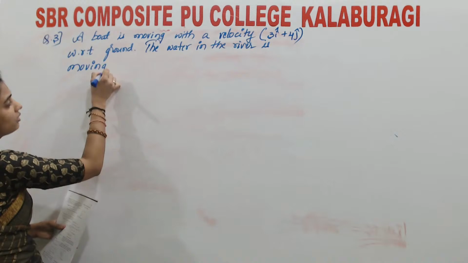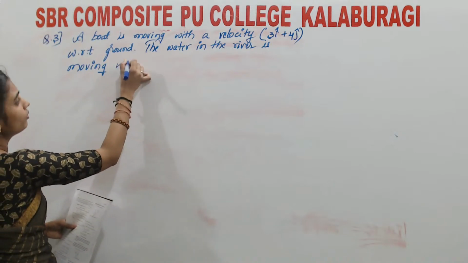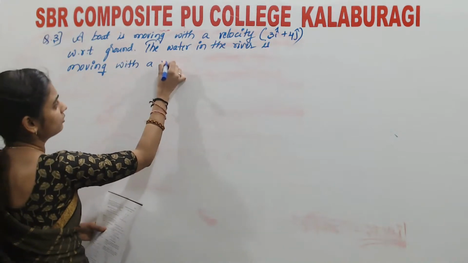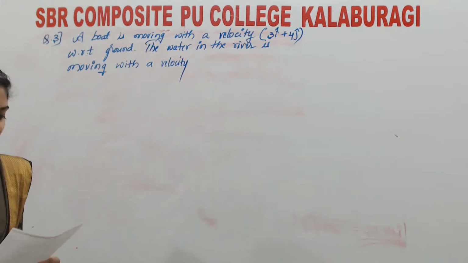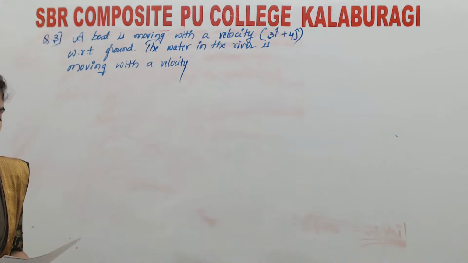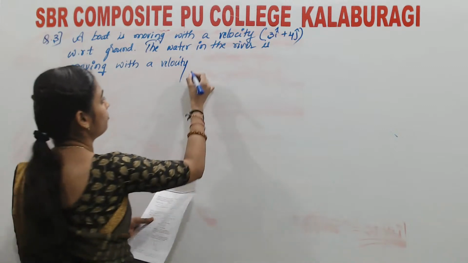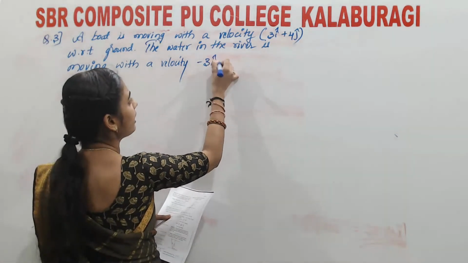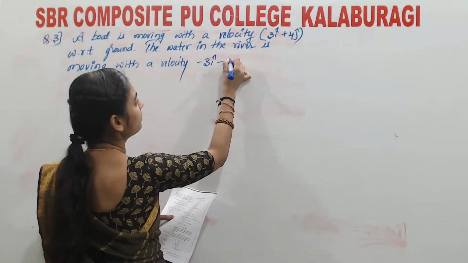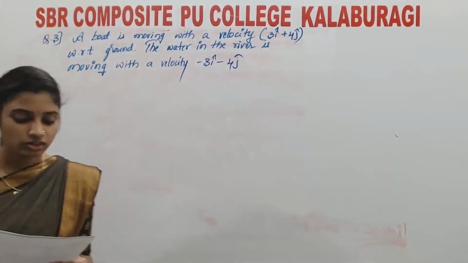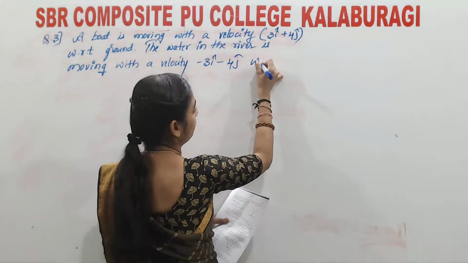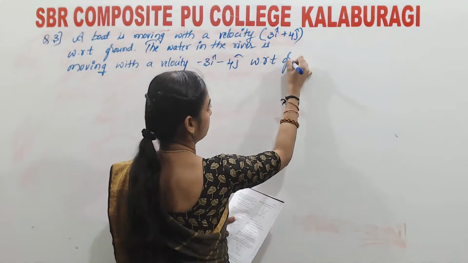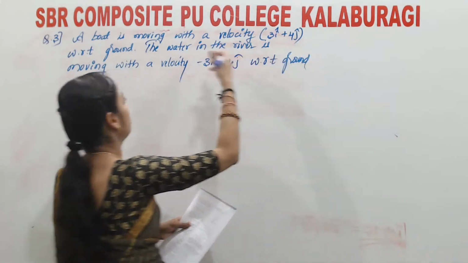The water in the river is moving with a velocity of minus 3i cap minus 4j cap, with respect to the ground. See what they have given.